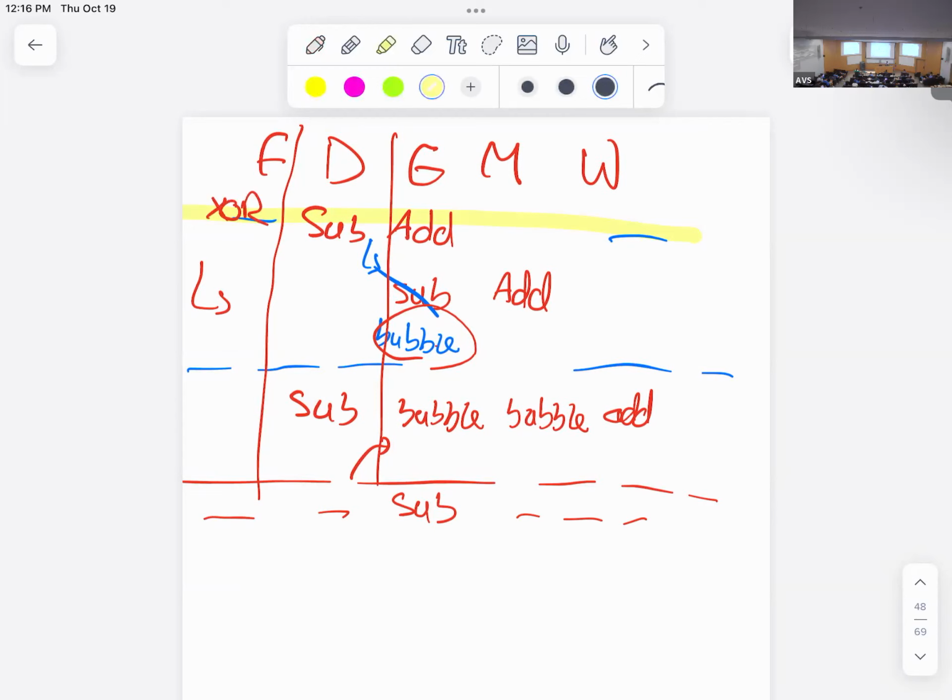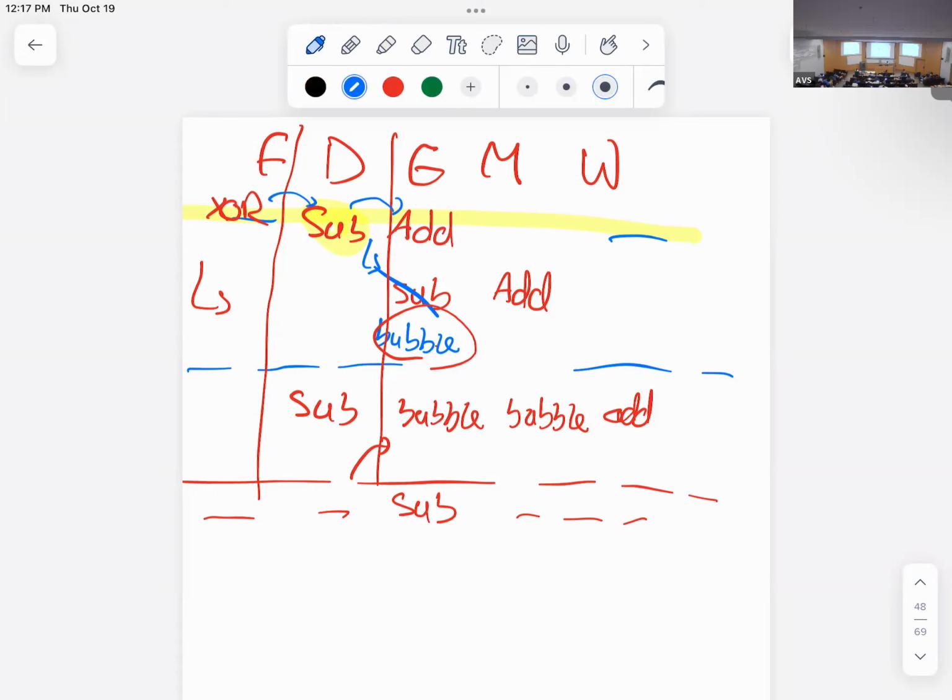Now you realize that, oh, I have a problem with the sub. I need to stall my processor, or I need to insert a bubble. So, since in the normal world this would have moved to this stage, right? So this would have moved here, this would have moved here, and so on and so forth. Since I cannot really move the sub to the next stage, I'm replacing the sub with the bubble.